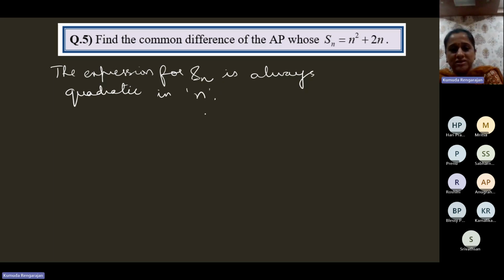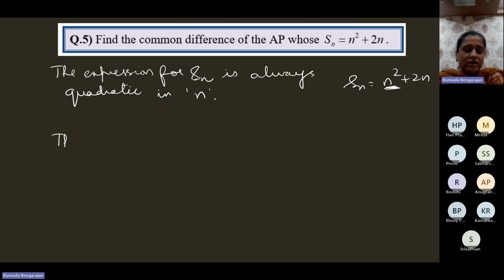So see here, Sn is equal to n square plus 2n. It will always be quadratic. The highest power of n will be 2.